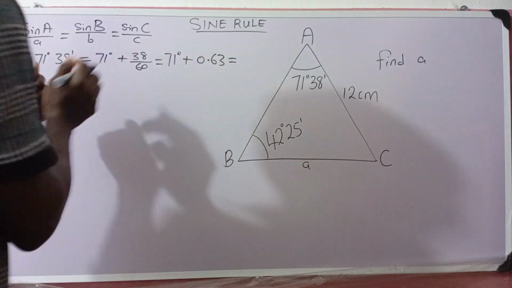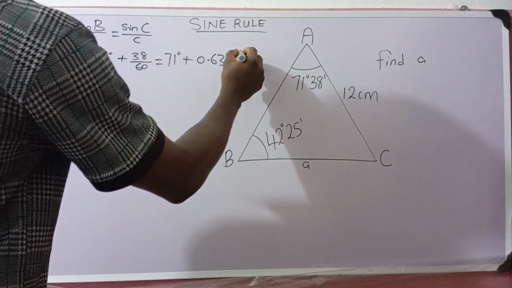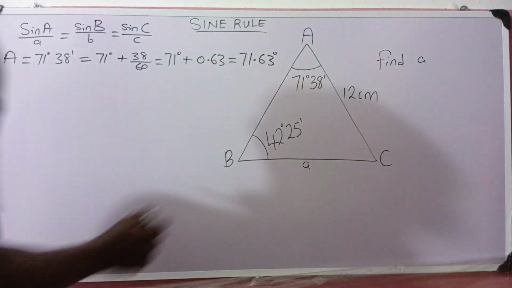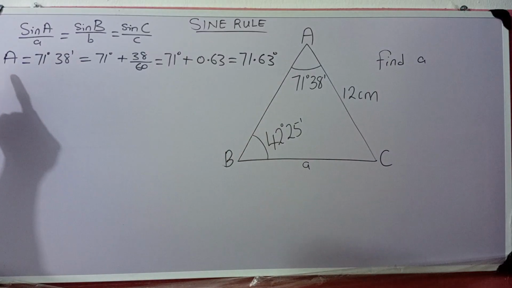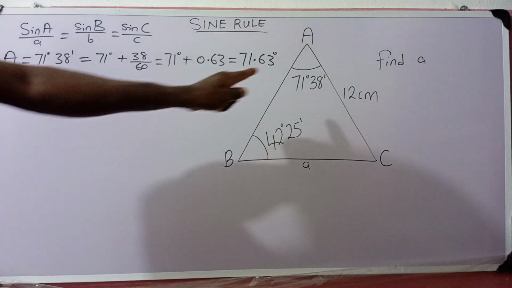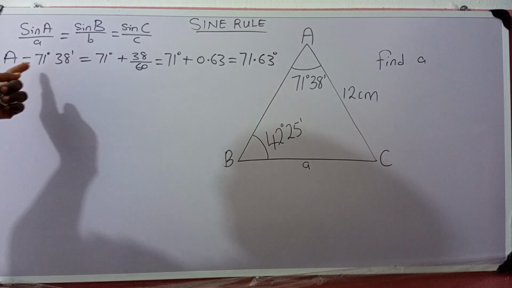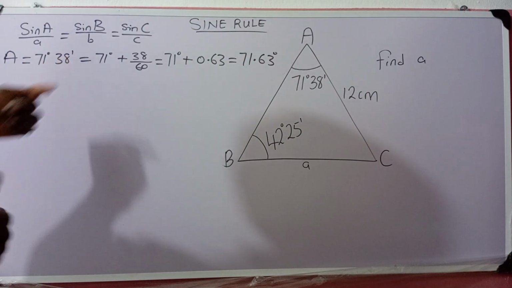So putting both of them together, we now have it as 71.63 degree. Now we've converted angle A, which is given in degree minutes as 71 degree 38 minutes, to degree.